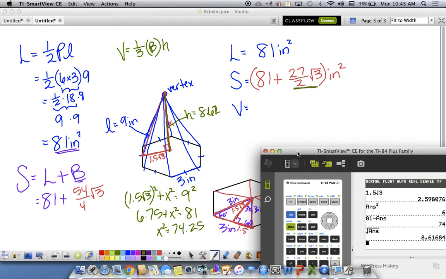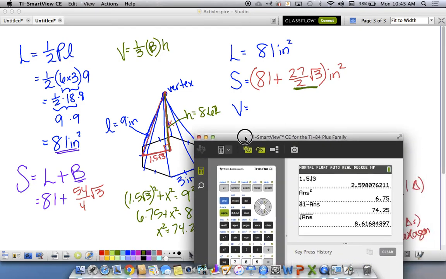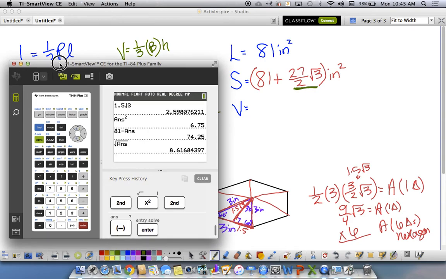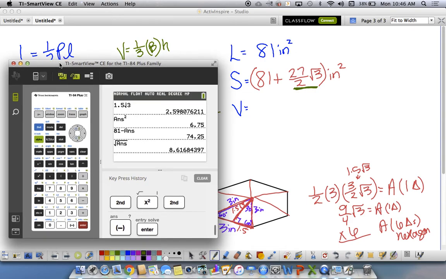So here's my big B. I've got a lot of stuff on my board, and I'm sorry. I'm going to scroll this over where I can still see everything. Look at how nice that works.